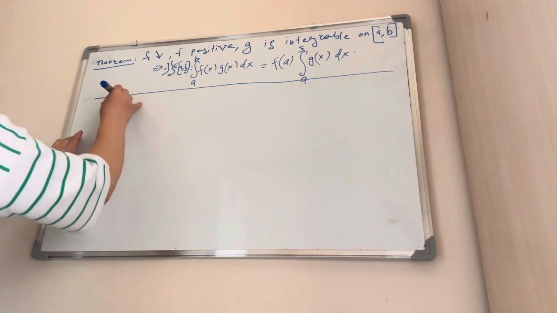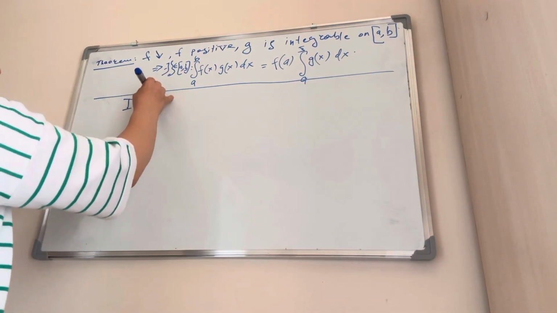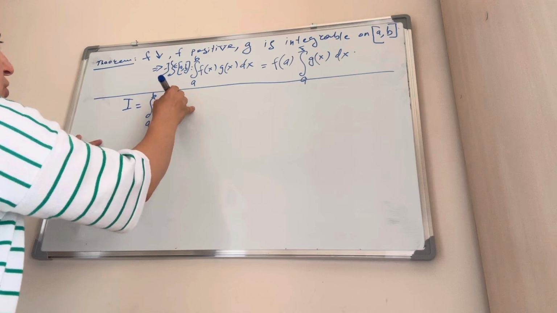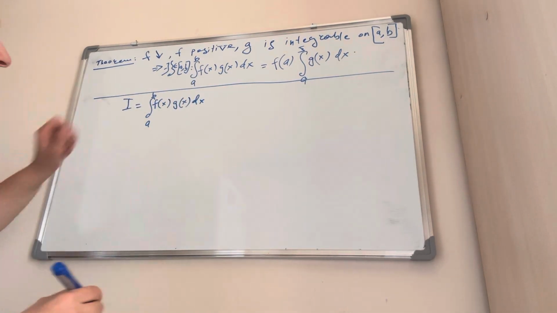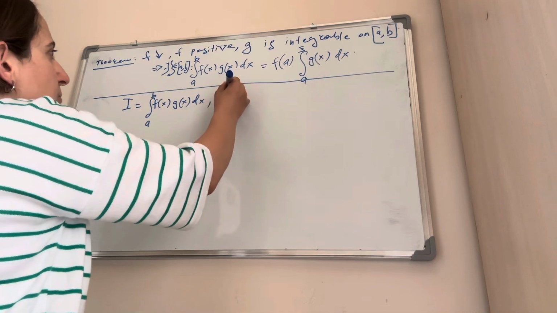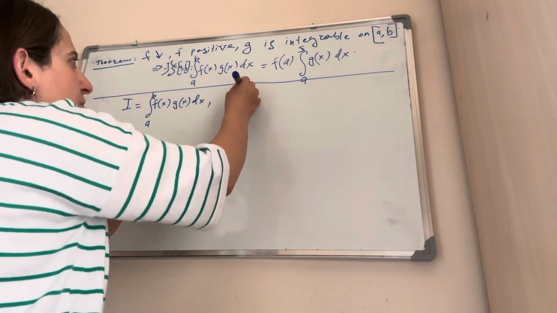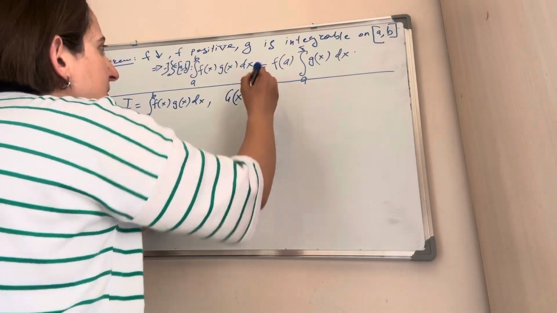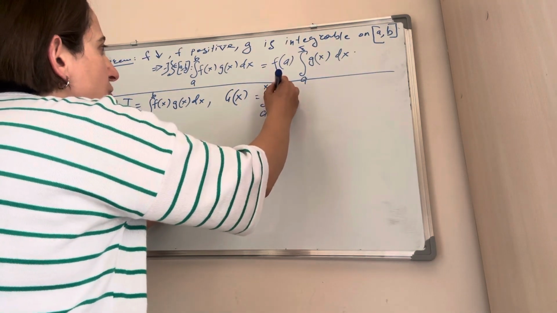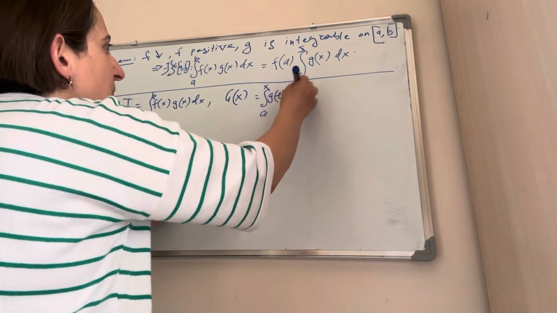Let I be the integral from a to b of f(x) g(x) dx. This is I. Then we will denote by capital G(x) the integral from a to x of g(t) dt.